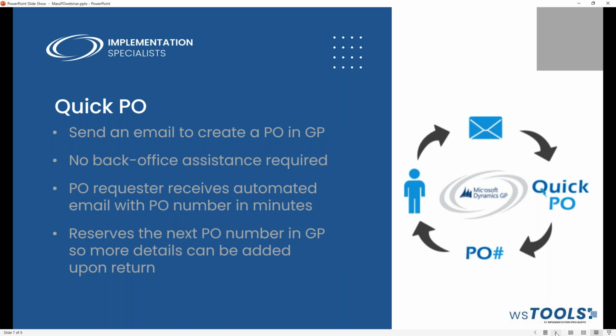Obviously, they hook back up with the back office, bringing in their receipt information and getting those line items on there. It's a quick, easy process to let them make their purchase, but yet get that data back into GP as quickly as possible.